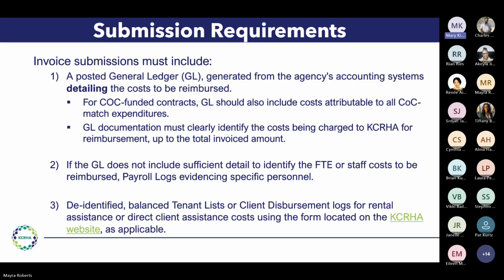So the COC match expenditures are being submitted alongside the COC invoice because everything is being submitted all at once, and our CHG contract is where those COC match expenditures come from. But I haven't been asked to fill out the invoice tab for COC that details match expenditures. I hope I'm making sense.